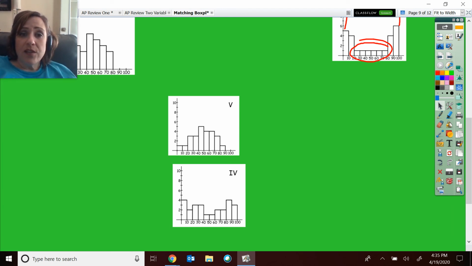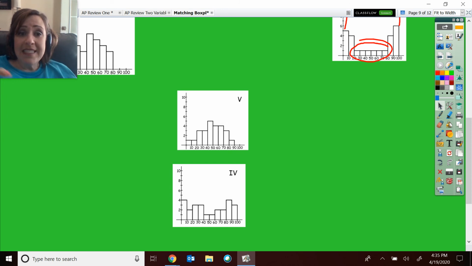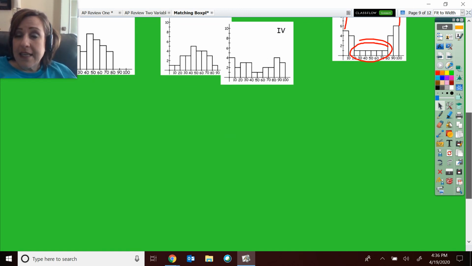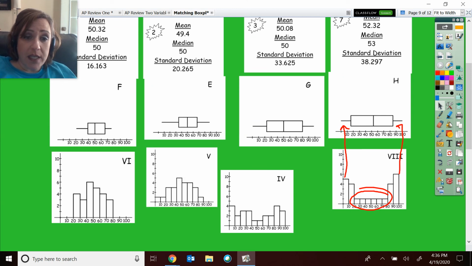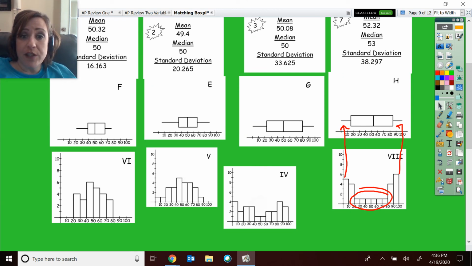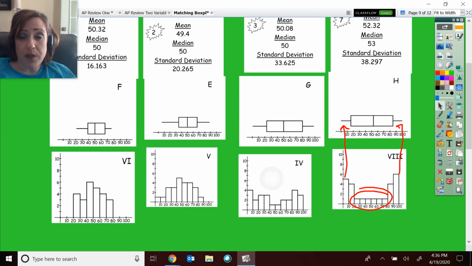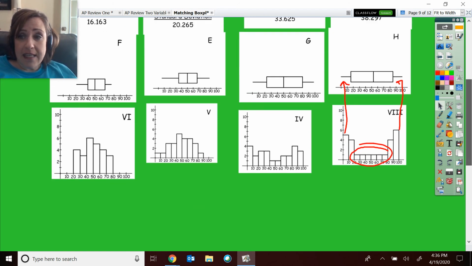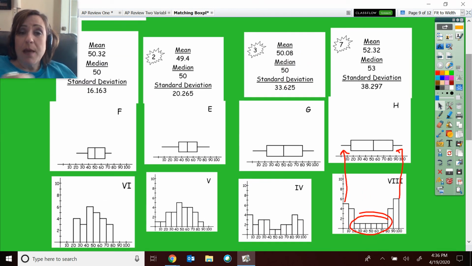Well, I can tell this top one has the data more closely clustered to the center because I have higher amounts in the middle. So this one is my smaller of the two standard deviations. With that being said, that then matches up my 5 somewhat symmetric shapes together with their corresponding box plot and histograms.